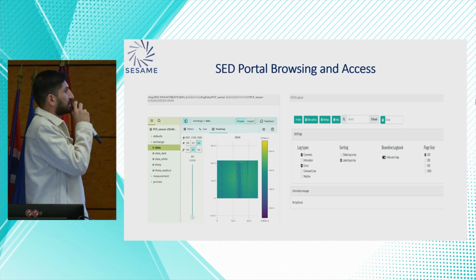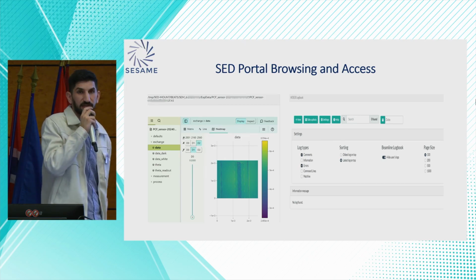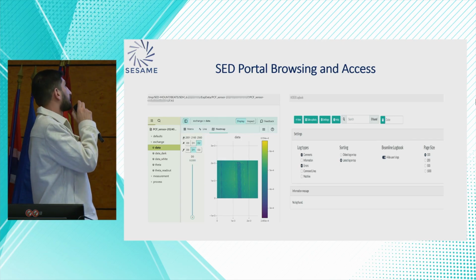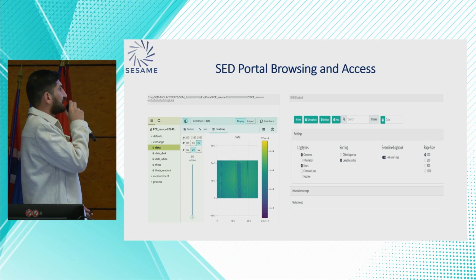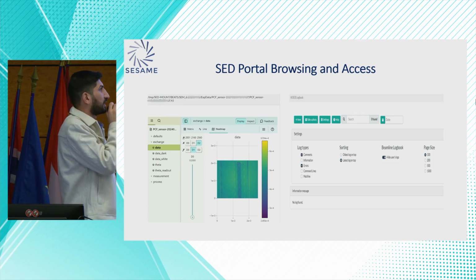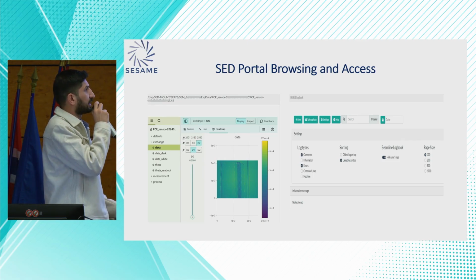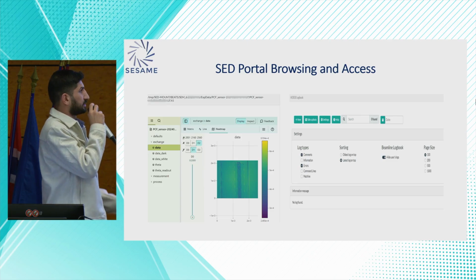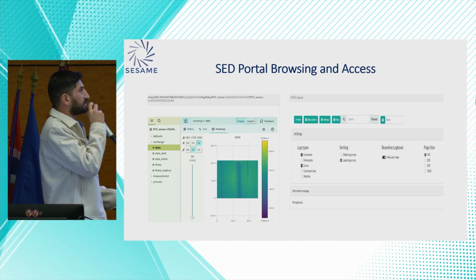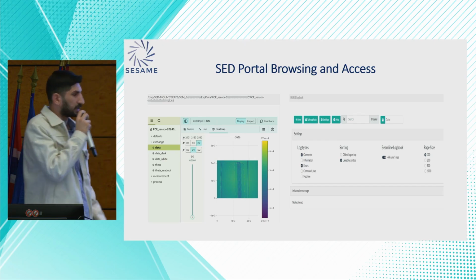Here we have the tomography beamline, which is BEATS. So the users can browse and see the HDF5 file through the portal. And the other feature we have is the e-logbook. Here's a capture of the e-logbook in Sesame. The users can take notes during the experiment.